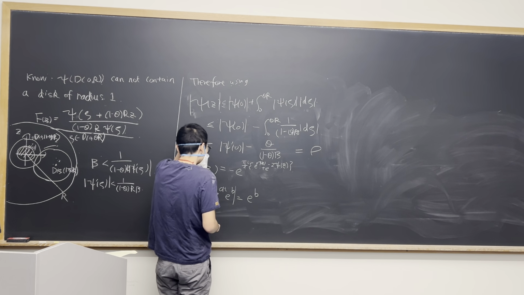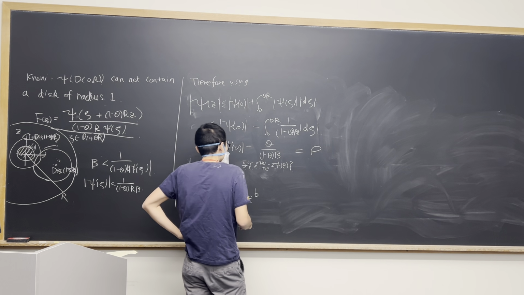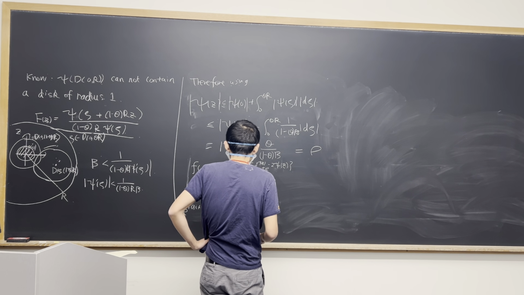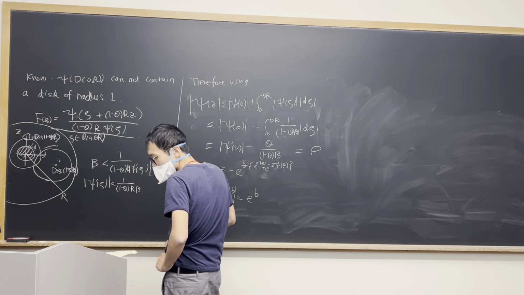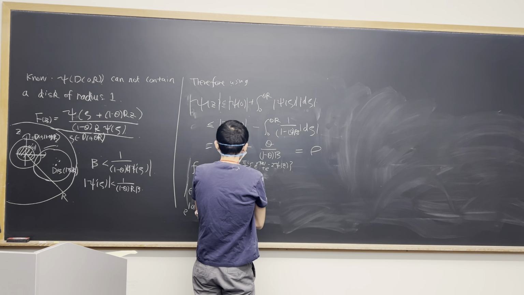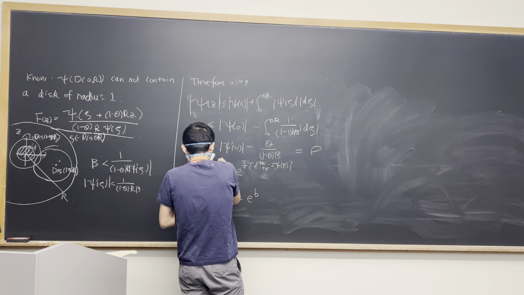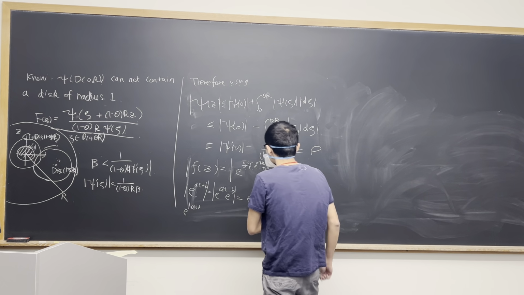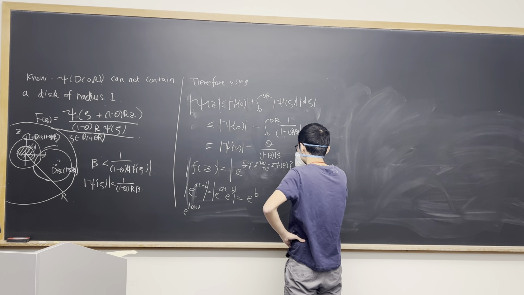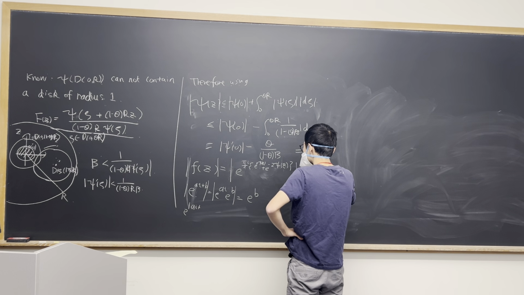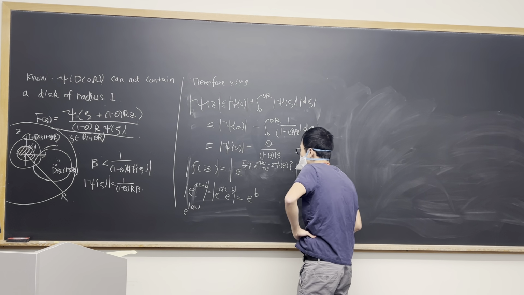Okay, never mind. So let's see here. What do we have? So we have this modulus of f z is equal to the modulus of e to the... Why do we have that?